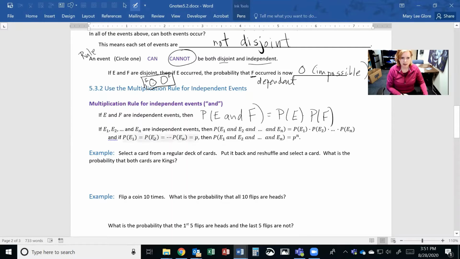And if all of their probabilities happen to be the same, for instance, if I flip a coin 20 times, the probability of a head is 0.5. So each time the event of getting a head is the same, that would be where P is a half. Then the probability of all of them is going to be P times P times P, so I'm going to have N P's multiplied together.